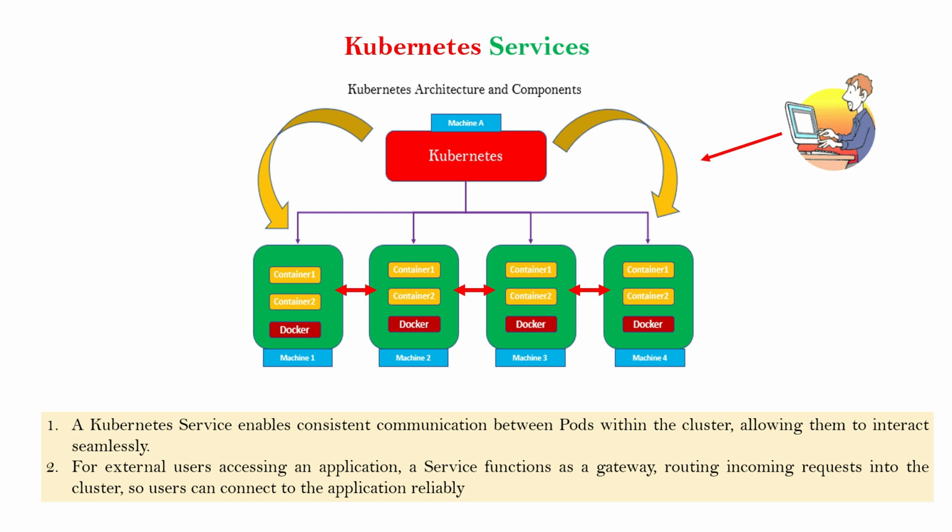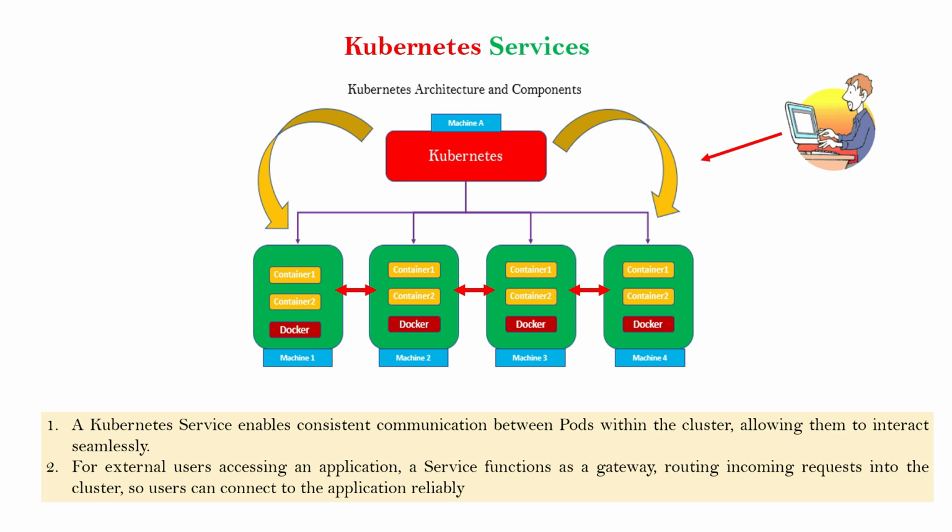So if we have deployed some applications inside the Kubernetes cluster and some user wants to access them from outside the network of the Kubernetes cluster, then we have to create a service. For example, in a traditional environment, we deploy the application on servers, and then we have a web server, and sometimes front-end load balancers as well.